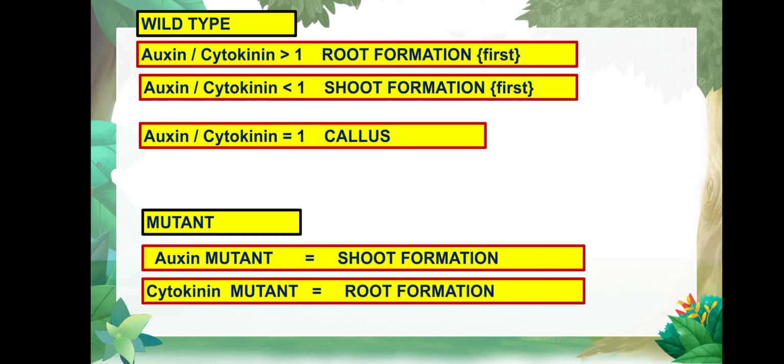Then what will be in effect? Cytokinin will be in effect, then there will be shoot formation. And in case of a cytokinin mutant, where cytokinin is not expressing in agrobacterium tumefaciens, there will be root formation. You must remember this data.